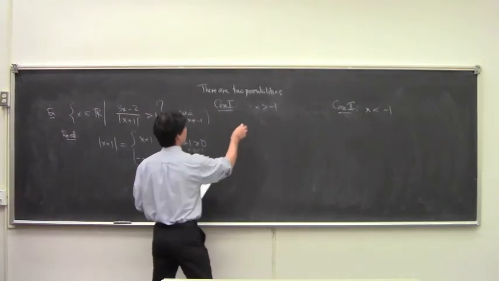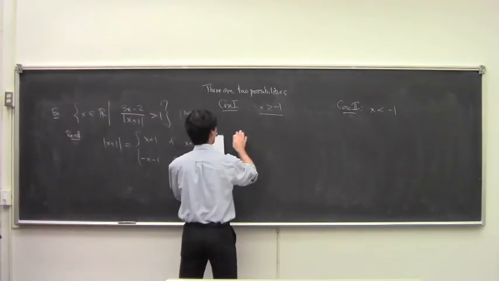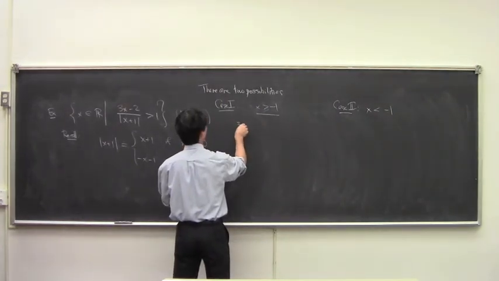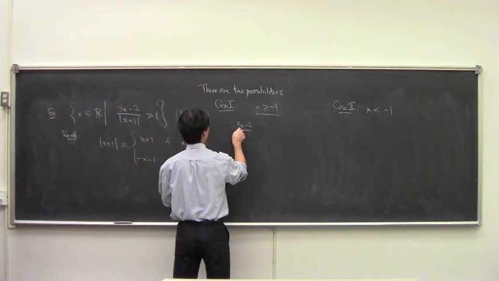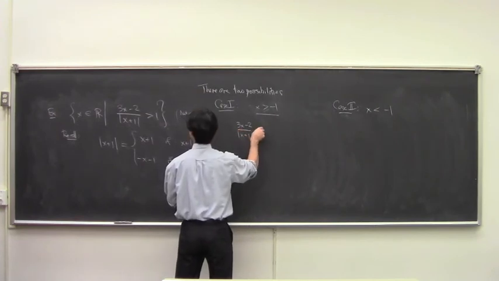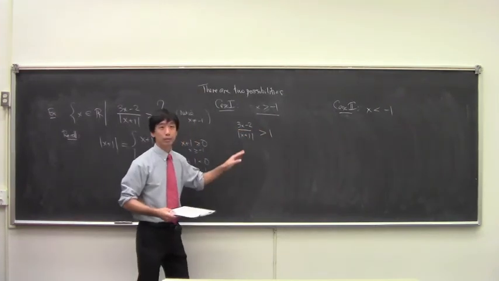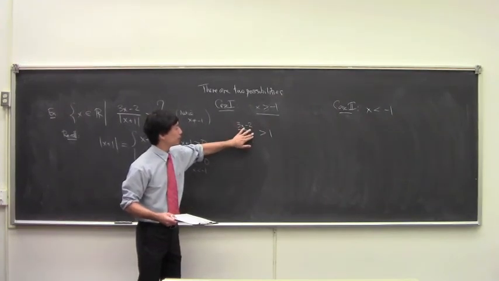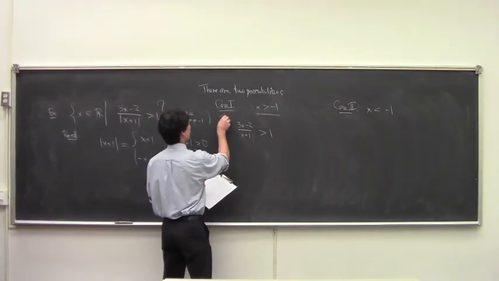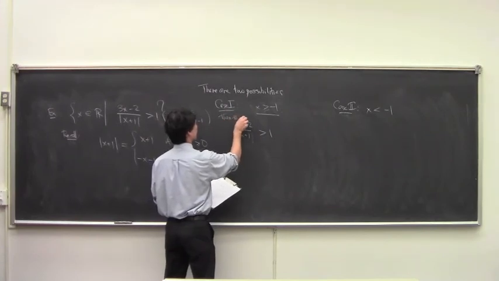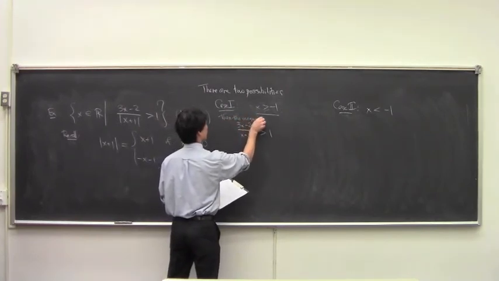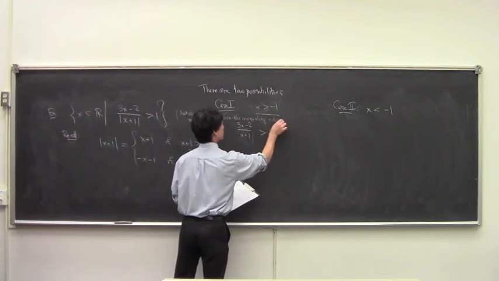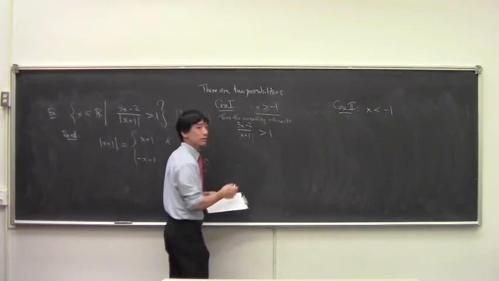So in this case, if we are on the right side of negative 1, then we're looking at this, but we can get rid of the absolute value signs. Then the inequality reduces to this.